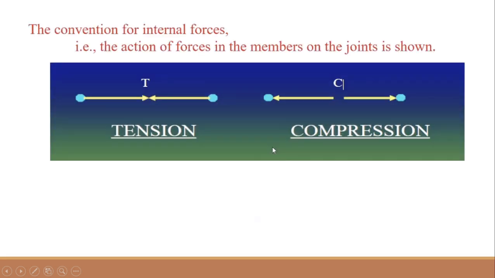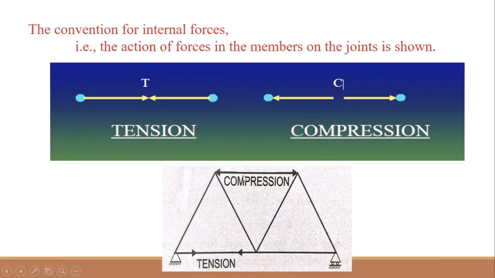To denote compression in the member, the arrow marks should be away from each other. And to denote tension in the member, which is going to be asked in the problems, we have to denote the arrow marks towards each other.